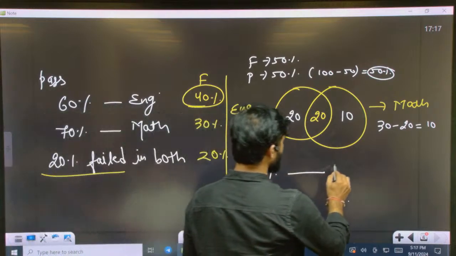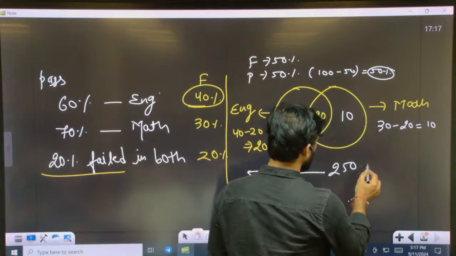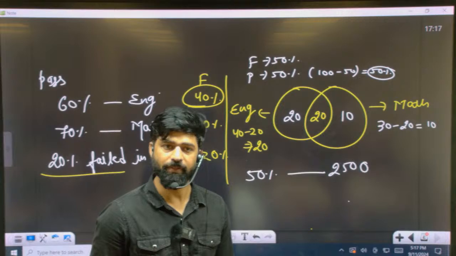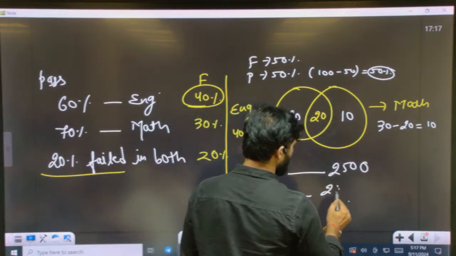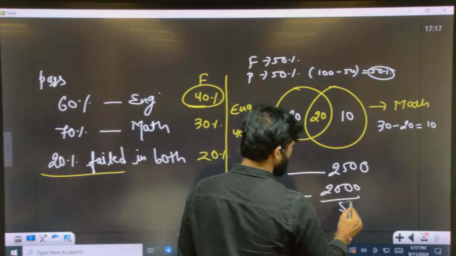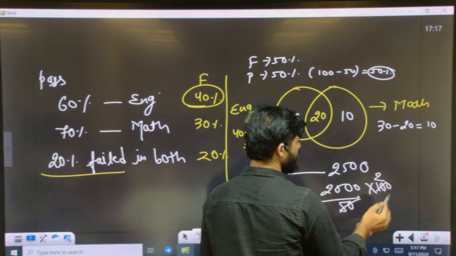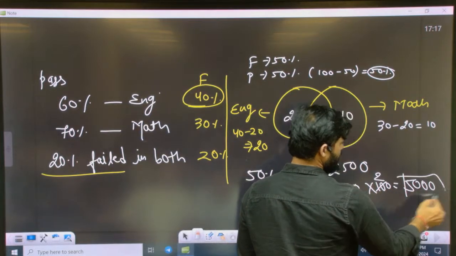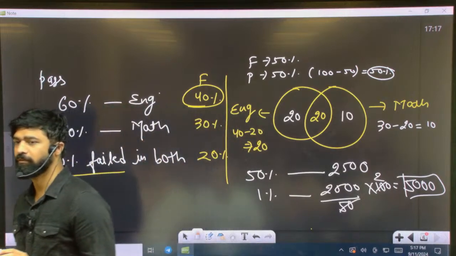So the value of 50% is 2500. We have to find out the value of 100%. So this is 1%, 2500 upon 50, and multiply it by 100. So this is 5000. So the number of students who appeared in the exam was 5000.